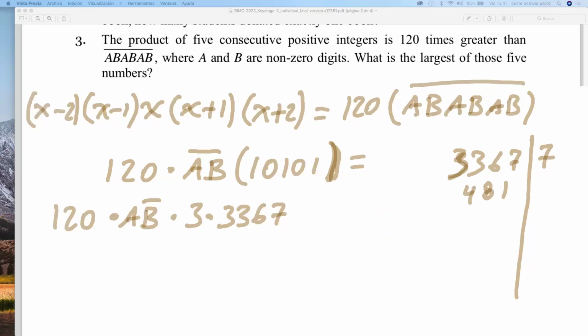Do you know how to find if a number is a prime number? We need to check if it is divisible by any prime below the square root of that number.